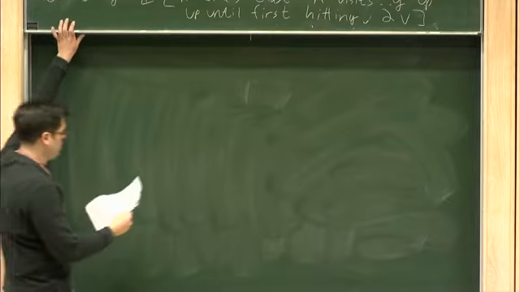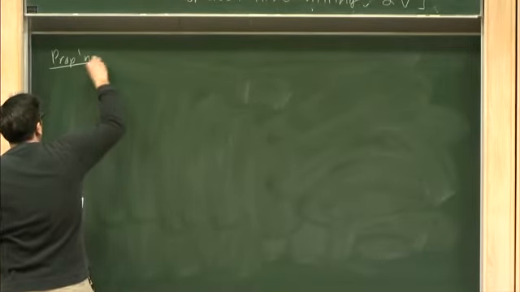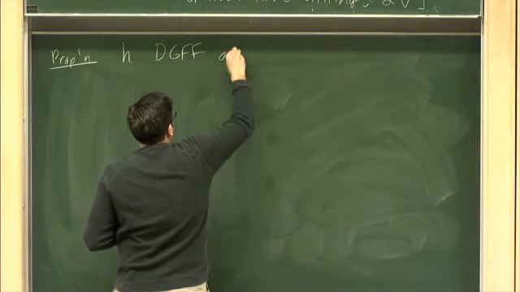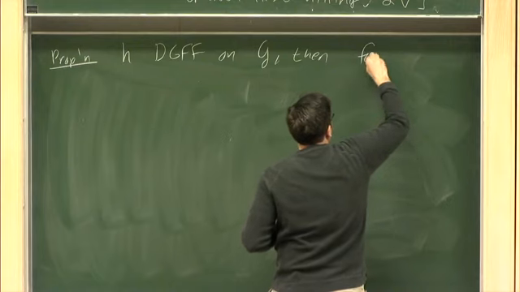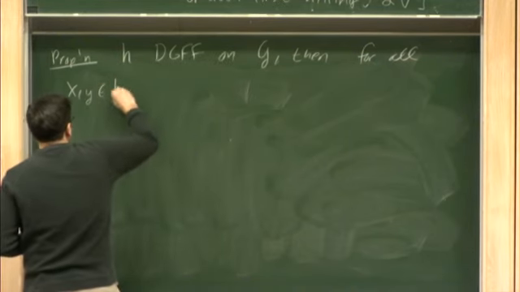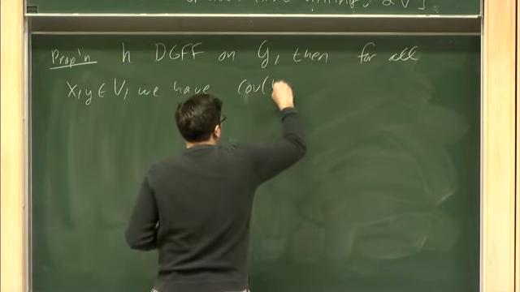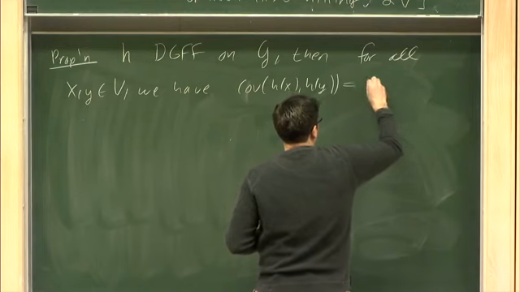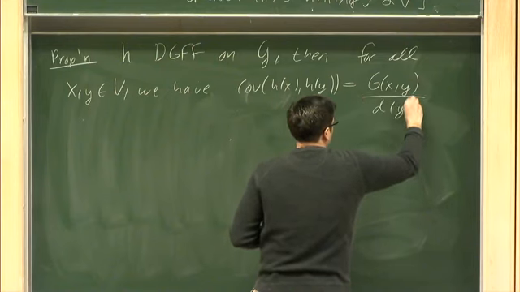So here's the proposition. If h is a discrete Gaussian free field on G, then for all x and y in V, we have that the covariance of h of x and h of y is just equal to g of x, y divided by the degree of y.